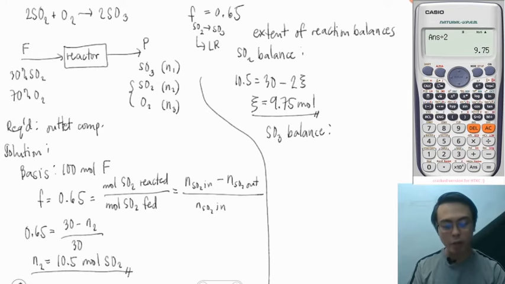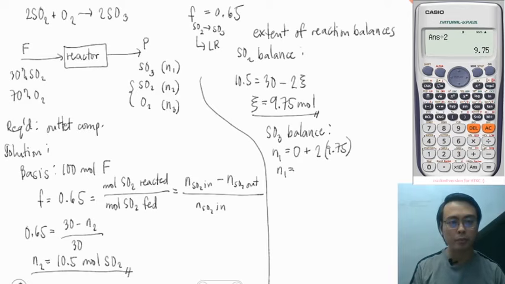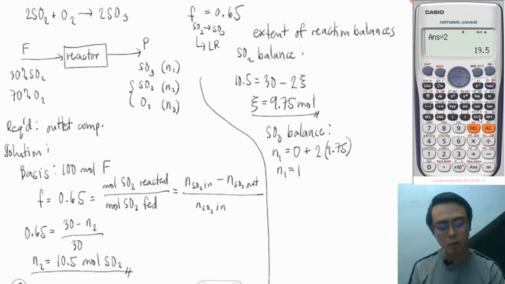The SO3 out, N1, is equal to SO3 input, that's 0, there's no SO3 in the feed, plus, because it's a product, 2 times the extent, 9.75. N1 is 19.5 moles SO3.